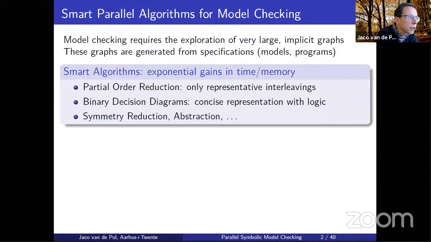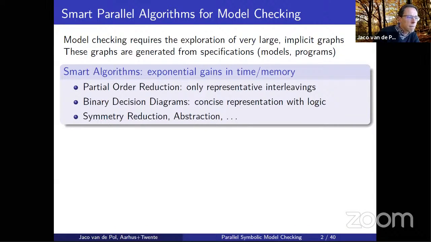This is a very concise representation using propositional logic. Other approaches use symmetry reductions, abstractions, etc. These are nice algorithms. They are quite general, and they can give you exponential gains. So sometimes the state space becomes exponentially smaller, for instance, in the number of processes.